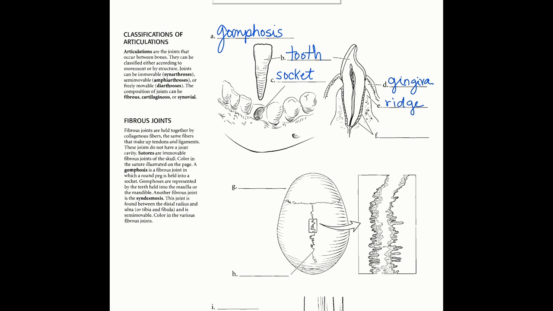And then lastly, we need something that's going to help hold our tooth into the socket. We're going to have a bunch of ligaments here. Since they're surrounding the tooth, our term is perio. And the word for anything pertaining to the teeth is dental. So this is the periodontal ligaments.